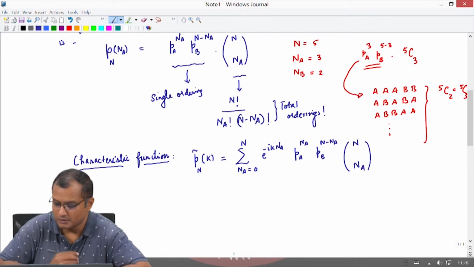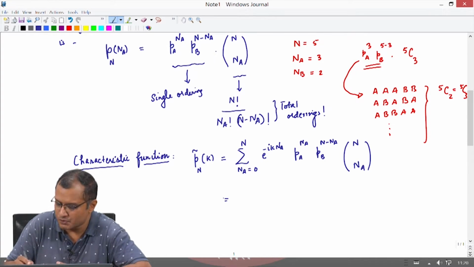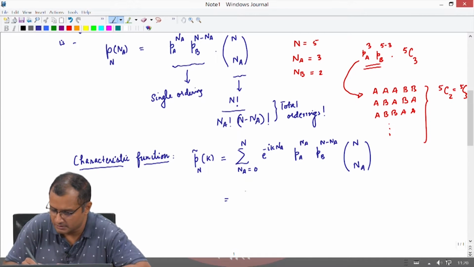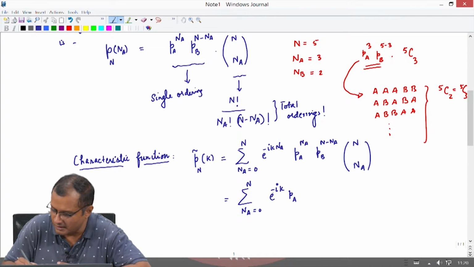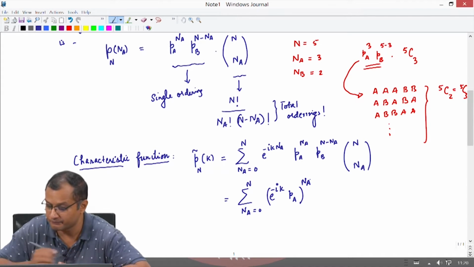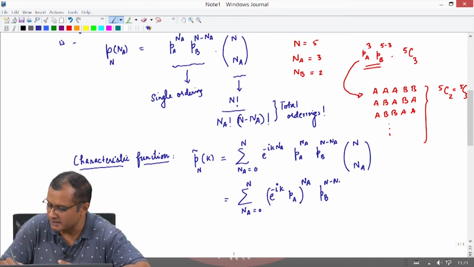Now, let us club these two factors together, the exponential and p of a, and you shall see that this begins to look like a formula that you know already. So, e raised to minus i k into p of a are clubbed together and they are raised to a common power n a, times p b to the power n minus n a, times the combination n c n a.